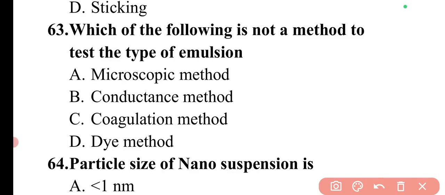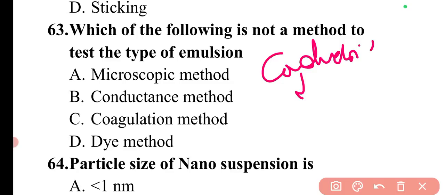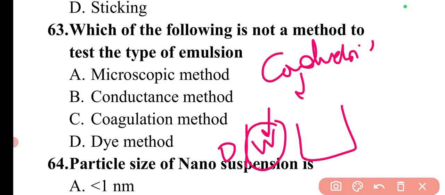Then the next test is the conductivity test. In the conductivity test, we have an emulsion. If it is oil in water, water is in the continuous phase, so it will conduct electricity. We can place a bulb with proper wiring, and if the bulb glows, then it is an oil in water emulsion.